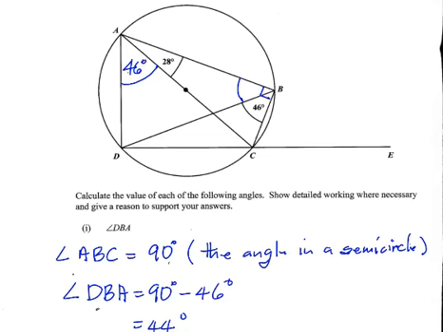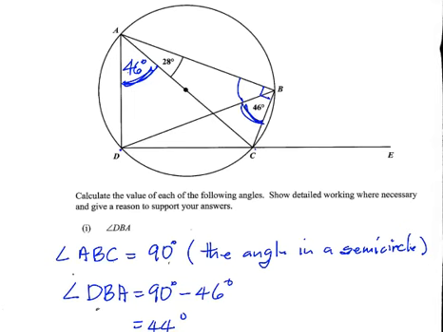Alright, and the reason for that is that these two angles, this angle here and this angle here, are called angles in the same segment, and angles in the same segment are equal. They both start and end at the same point on the circumference, and the angles themselves are formed at the circumference in the same segment. So these two angles are called angles in the same segment, and they're both equal to 46 degrees.